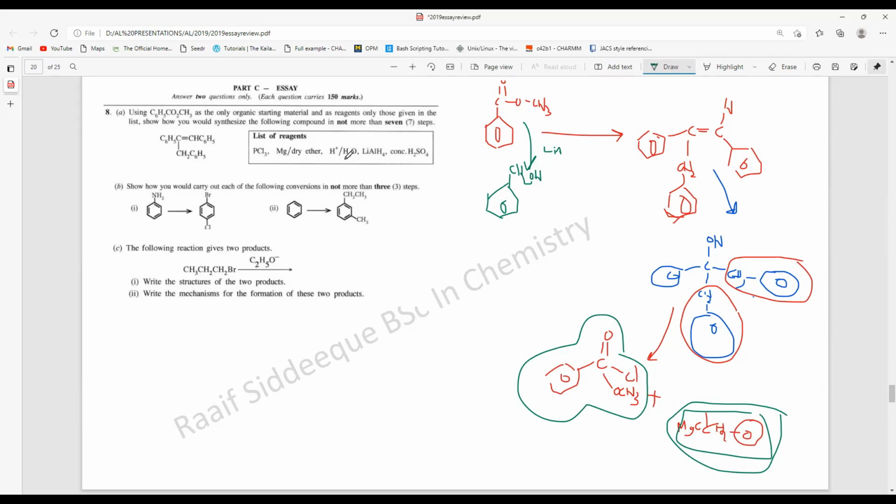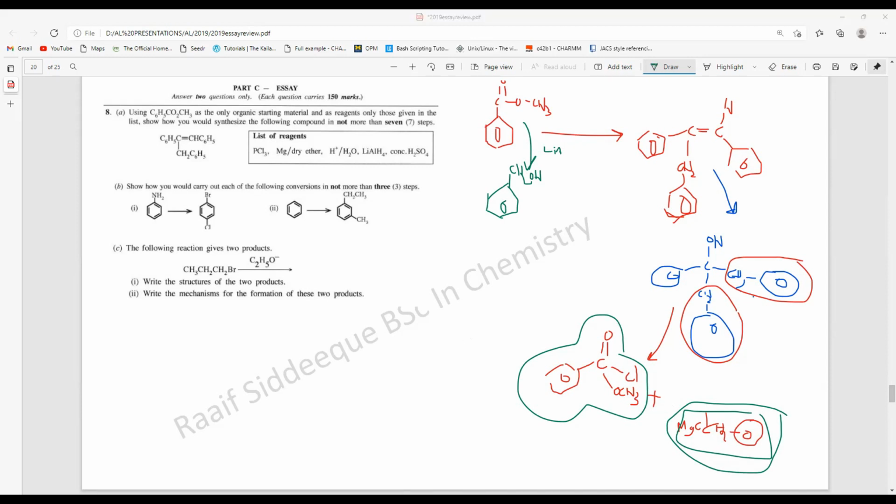Otherwise, you can hydrolyze using H plus H2O, which will give the carboxylic acid, COOH, and then you need lithium aluminium hydride to get CH2OH. But the easiest thing is just to use lithium aluminium hydride.